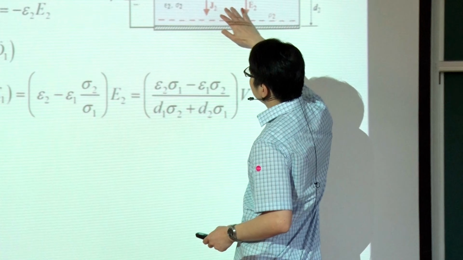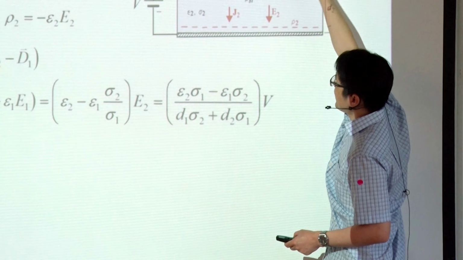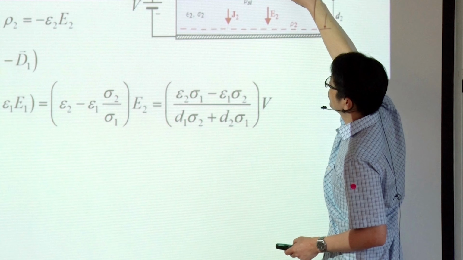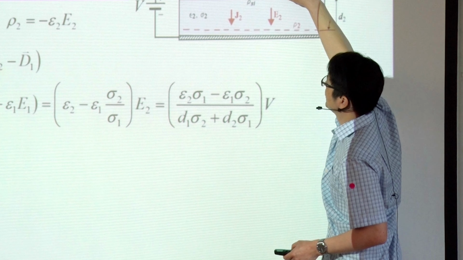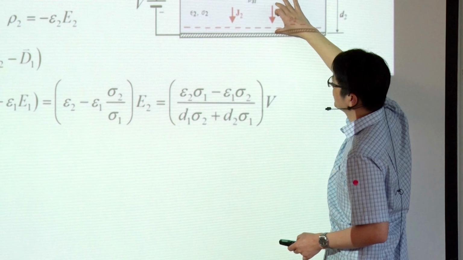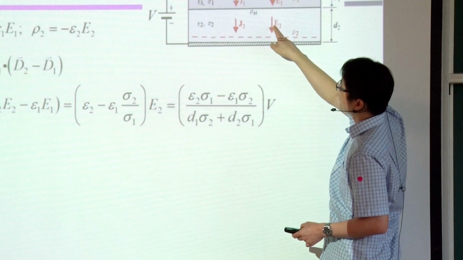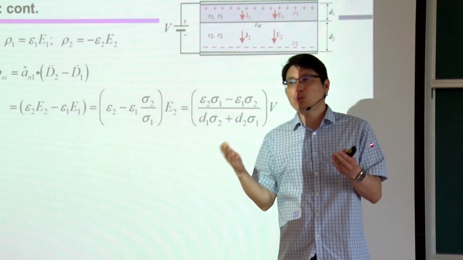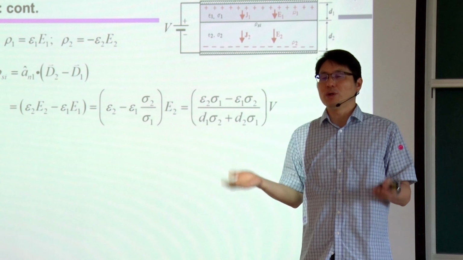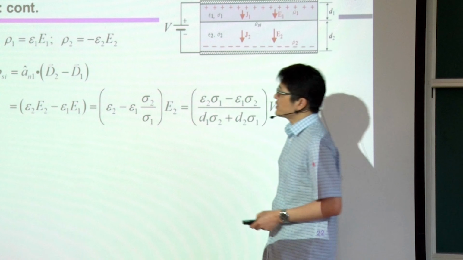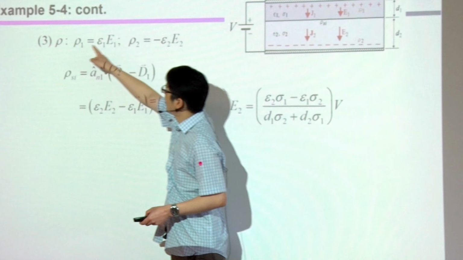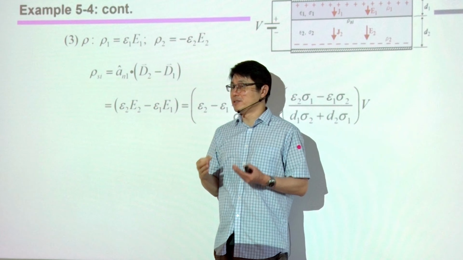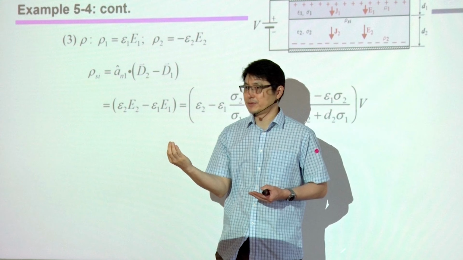But now the capacitor is filled in this way: on top you have material 1, on the bottom you have material 2, making your E1 and E2 non-equal, and therefore your D1n and D2n non-equal. So basically, rho 1 plus rho 2 does not vanish to 0.